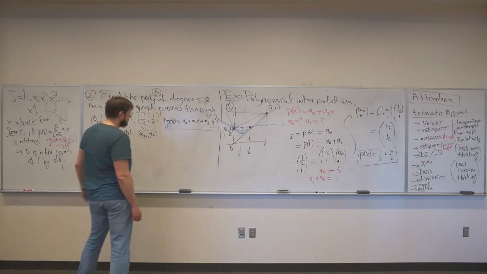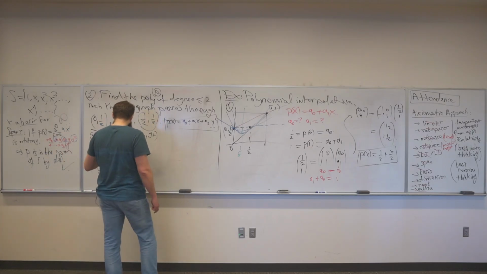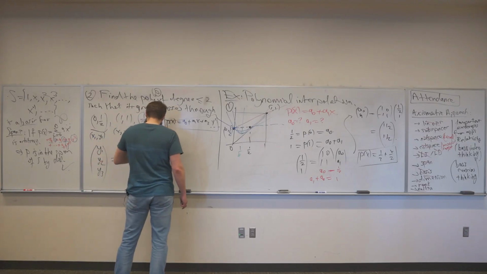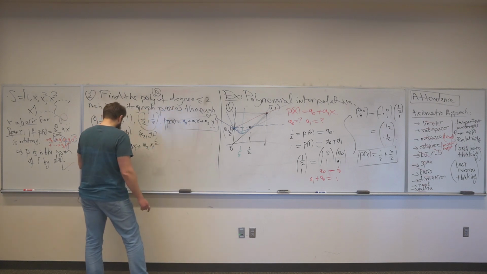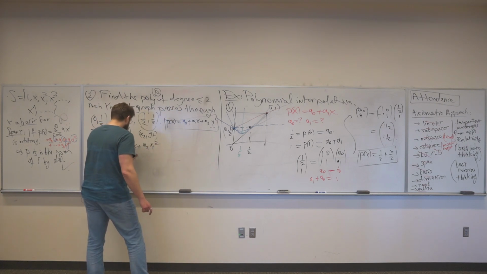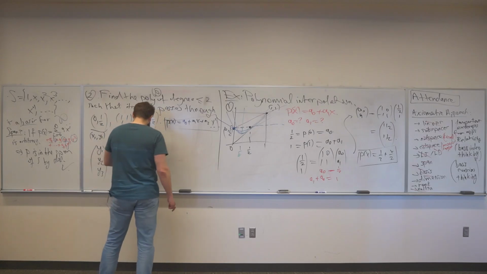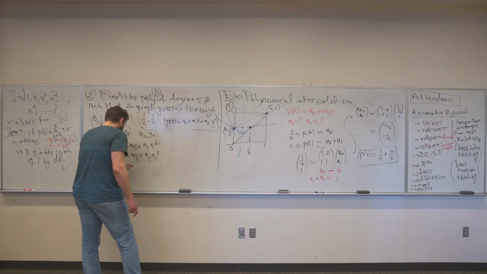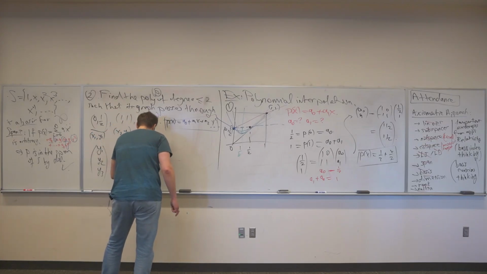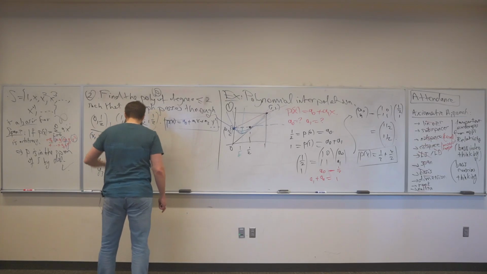In terms of matrices, this is supposed to be a0 plus a1x1 plus a2x1 squared, and then a0 plus a1x2 plus a2x2 squared, and then a0 plus a1x3 plus a2x3 squared.